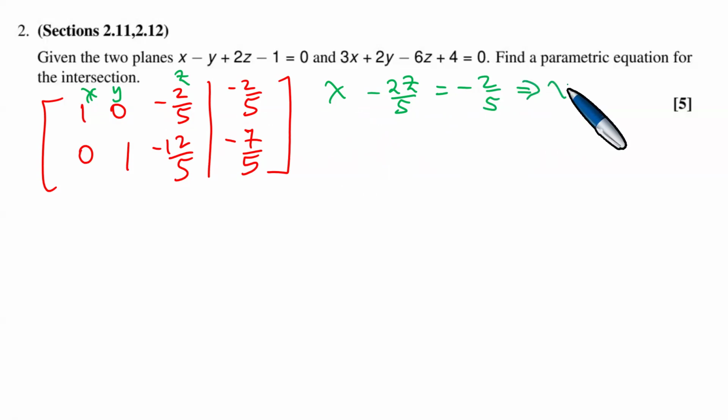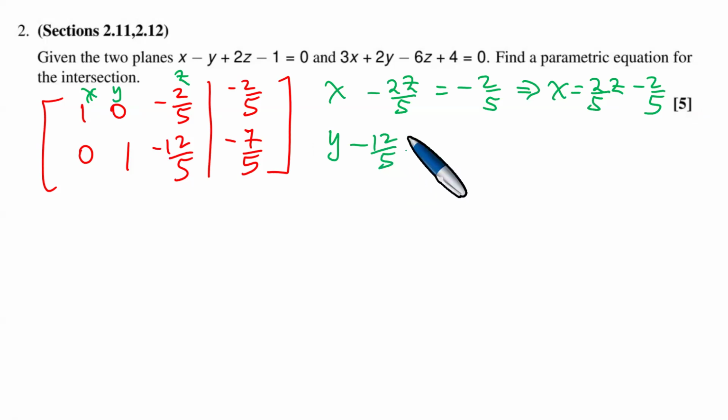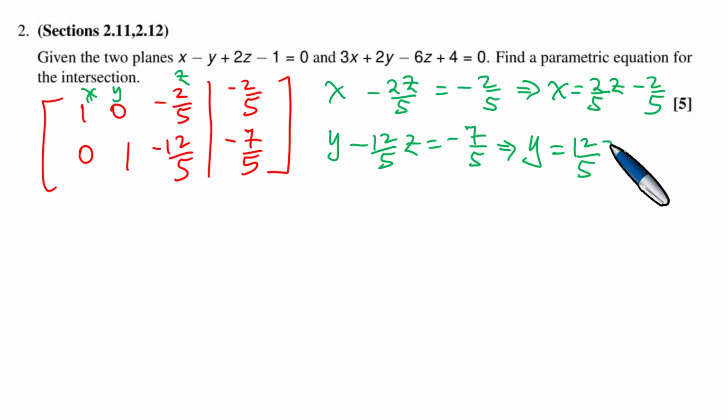So x minus 2 out of 5 z equals minus 2 out of 5, and y minus 12 out of 5 z equals minus 7 out of 5.